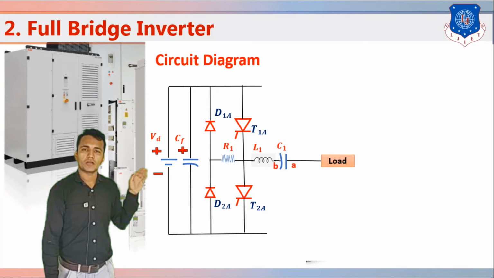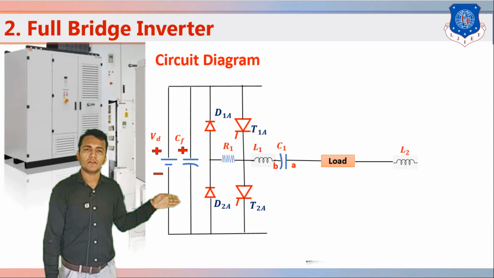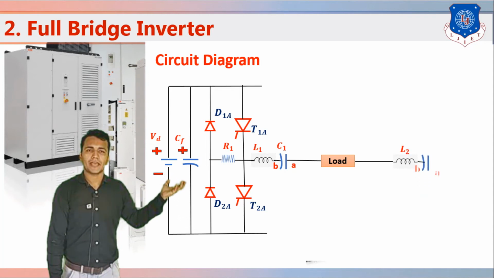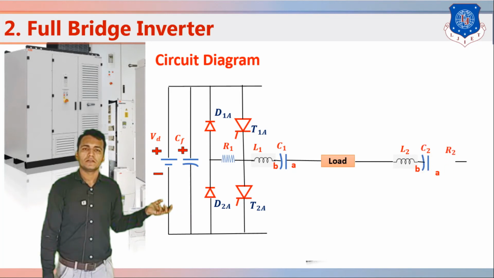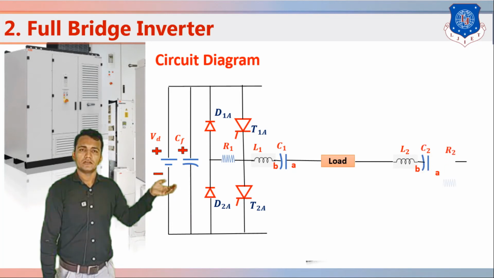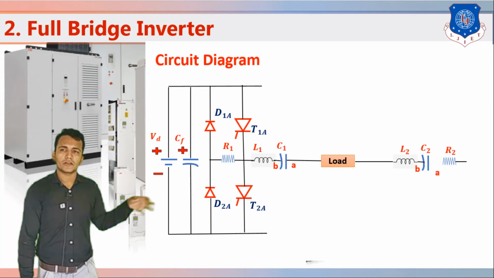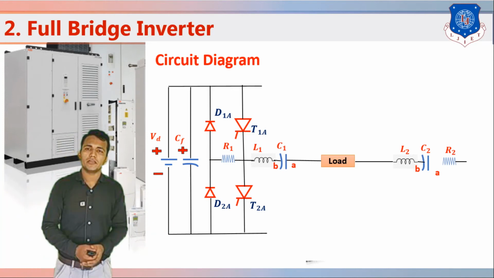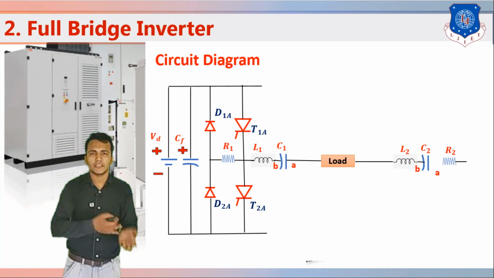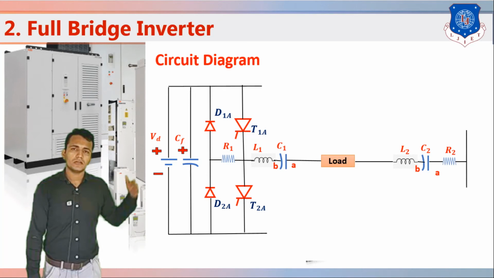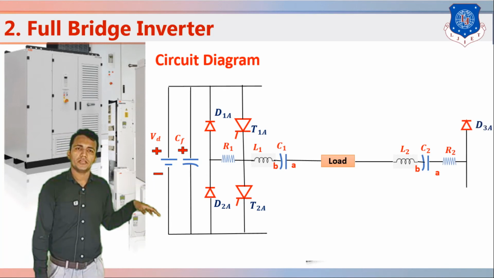Then we connect the load, and then another inductor L1 and another capacitor C1, and resistor R2. This is the circuit that we already explained in the half bridge, so it is a similar circuit. The auxiliary portion we have already explained.